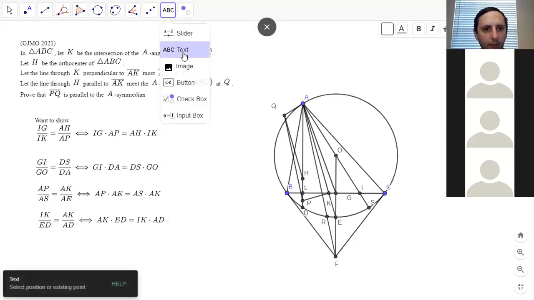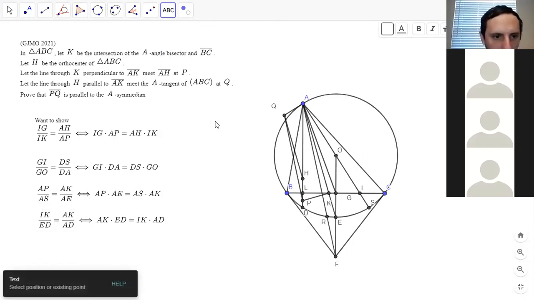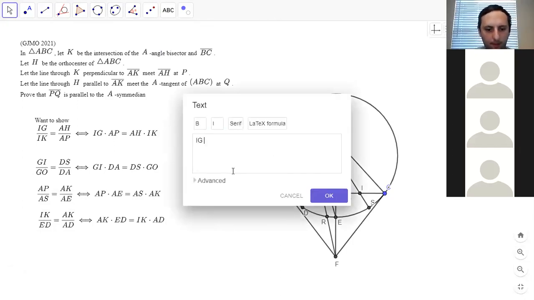So we would get IG times AP times AE times ED is equal to IK times DS times AS times GO.